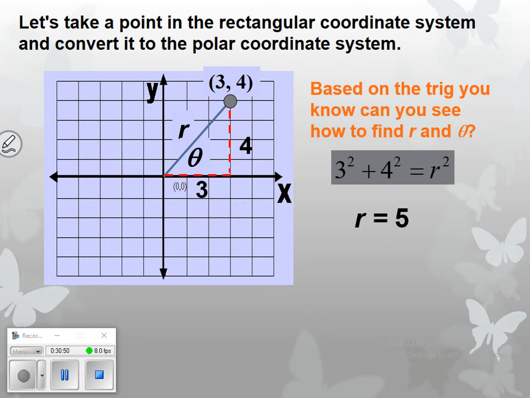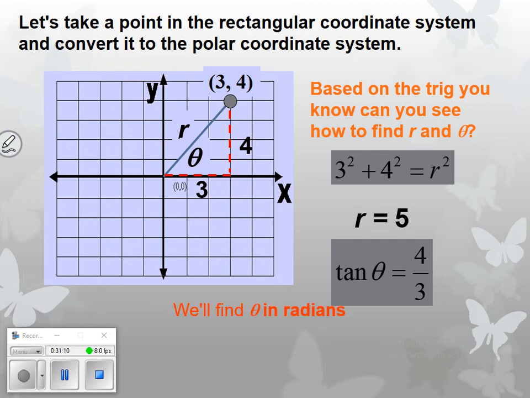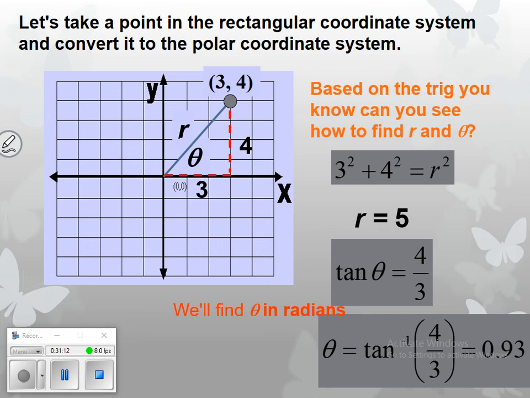Those numbers are concise and exact, and for theta, they are the opposite and the adjacent, are they not? So the best trig function to use is the tangent. The tangent of theta is equal to 4 over 3 in this case. If I evaluate that in radians, it gives me 0.93 radians.